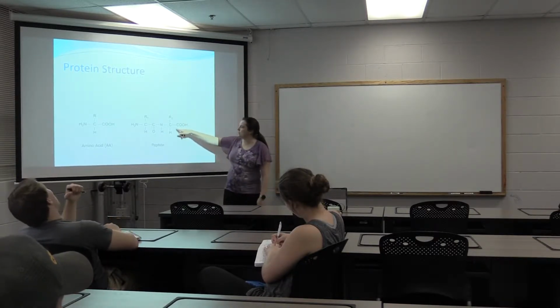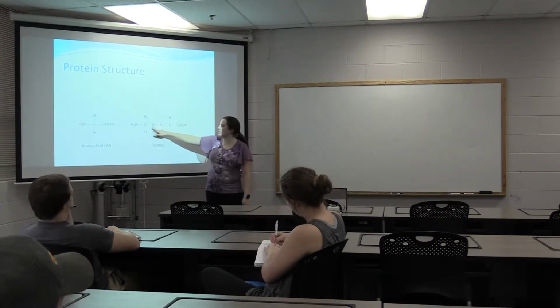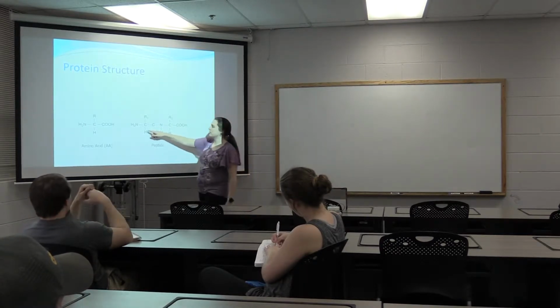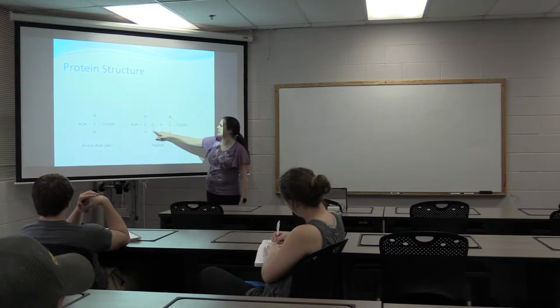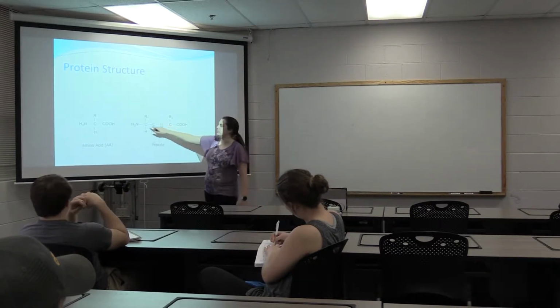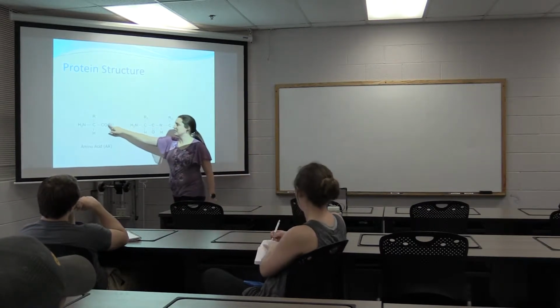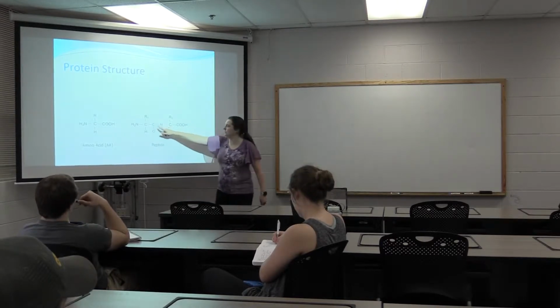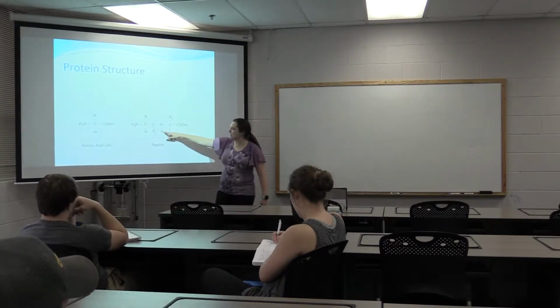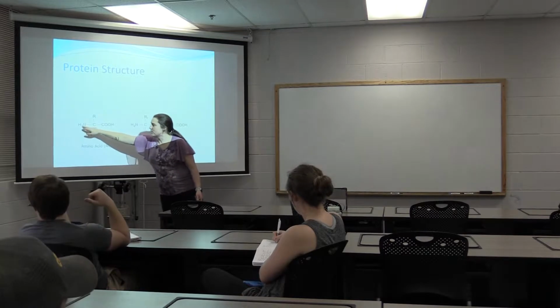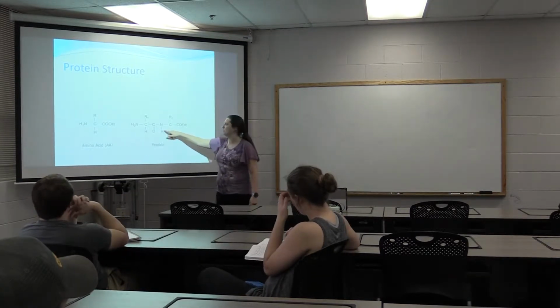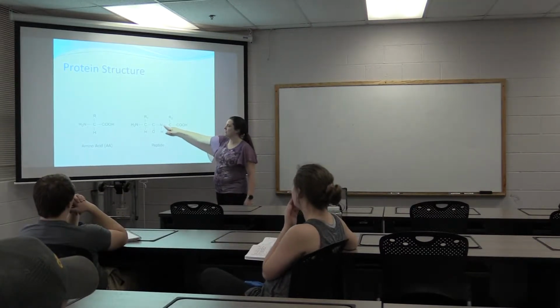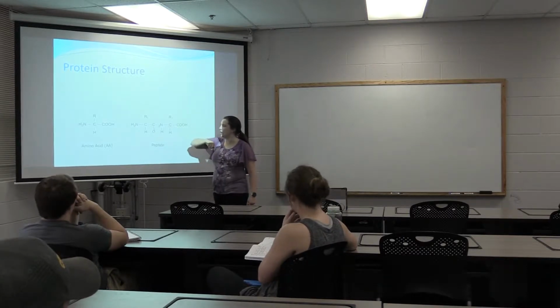And you can see here that the oxygen is double bonded to the carbon, and then we lose this OH, which is the hydroxyl group, and we take one of the hydrogens off of the amino group, so the nitrogen binds to the carbon.